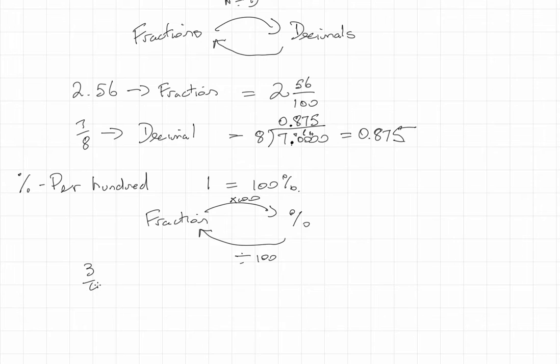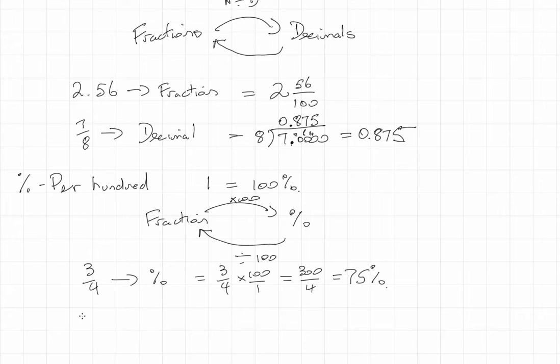So 3/4, and we want to convert that to a percent, equals 3 on 4 multiplied by 100 over 1. Going back, we've got 3 times 100 is 300 over 4, multiply the tops, multiply the bottoms, and that's 75%.